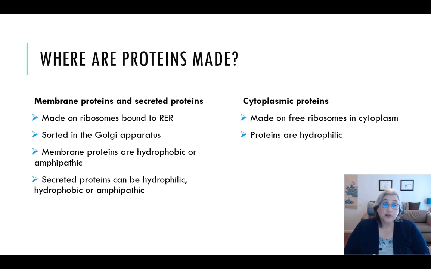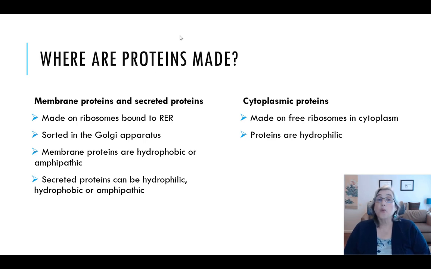So they're made on the ribosomes bound to the RER, or the rough endoplasmic reticulum. They get modified and sorted in the Golgi apparatus, and eventually they are either secreted or inserted into a membrane of an organelle somewhere in the cell. And there's lots of places they can go.